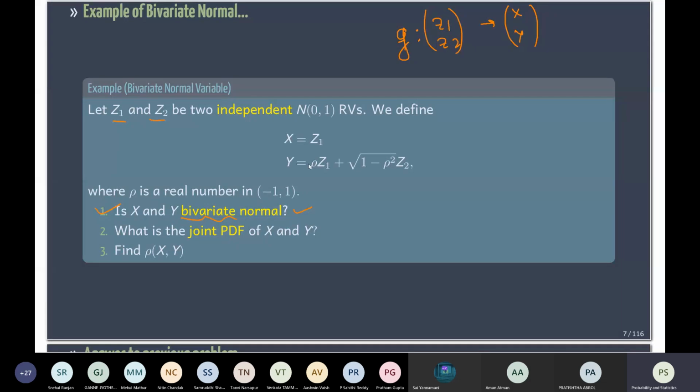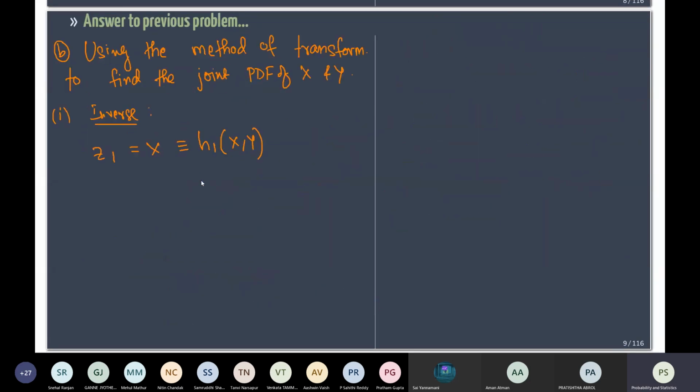If I solve for Z2, it will be Y minus rho X, divided by the square root of 1 minus rho square. So Z2 will be minus rho by square root of 1 minus rho square times X plus Y by square root of 1 minus rho square. And this we define to be H2(X,Y).